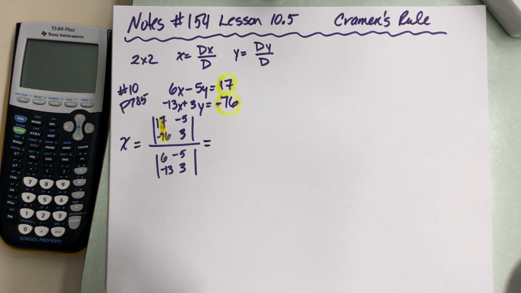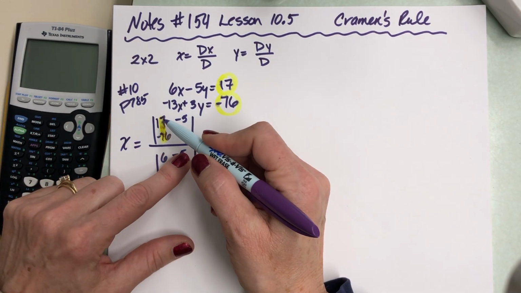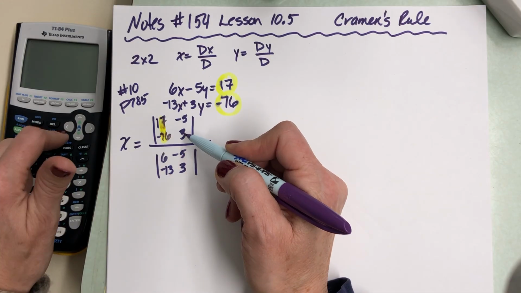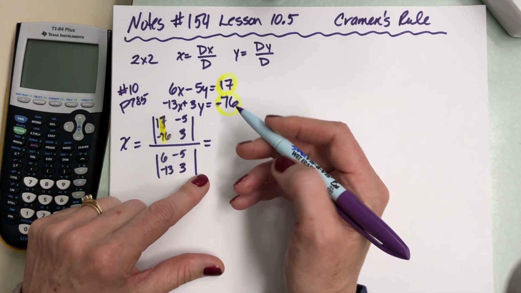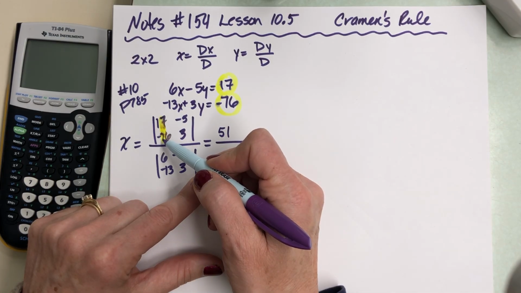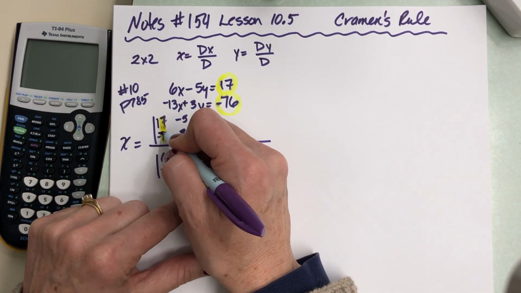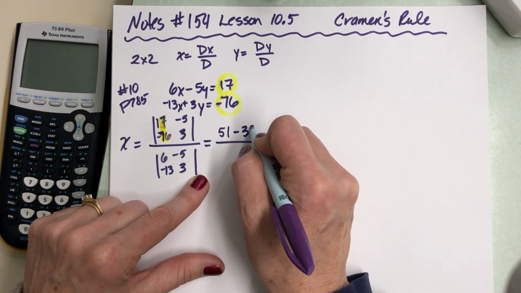So I'm going to find my determinant. I'll crisscross. 17 times 3 is 51. And then negative 76 times negative 5 is 380.